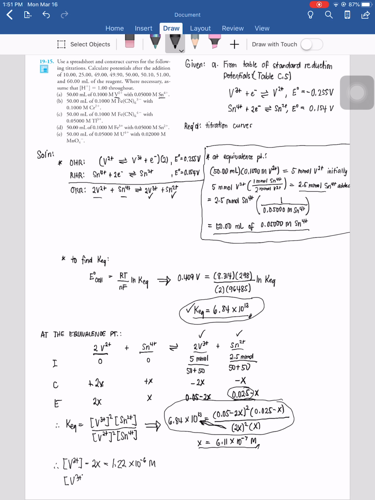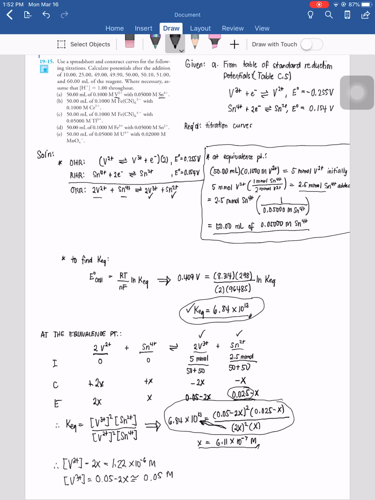And for vanadium-3, since the value of x is so very small, basically what you have in here is 0.05 minus 2x. It's basically just almost equal to 0.05 molar still. So it's like nothing has changed at all for the concentration of vanadium, since a very, very small amount of it has been converted into vanadium-2.